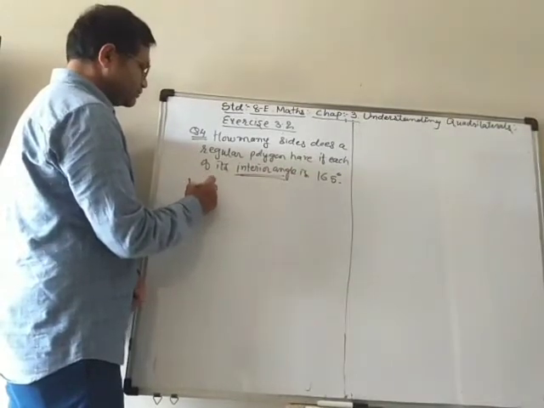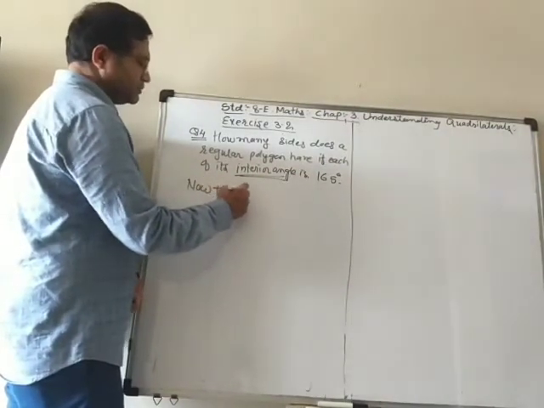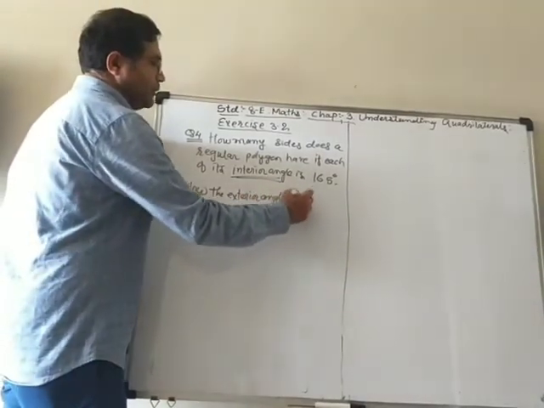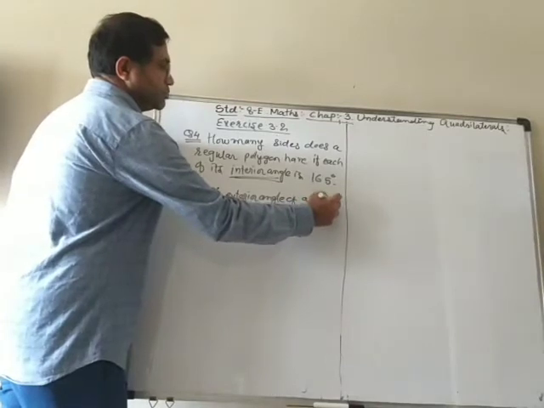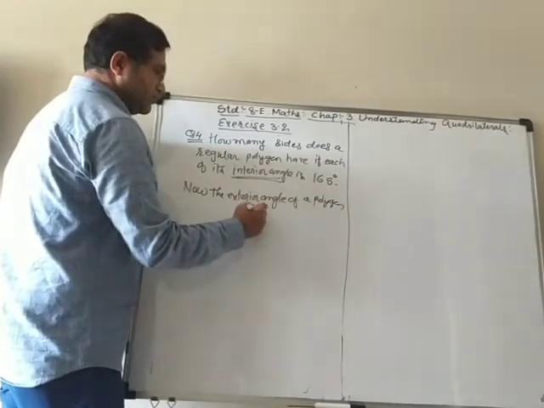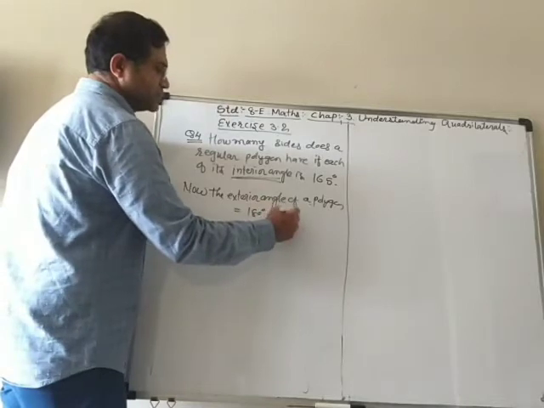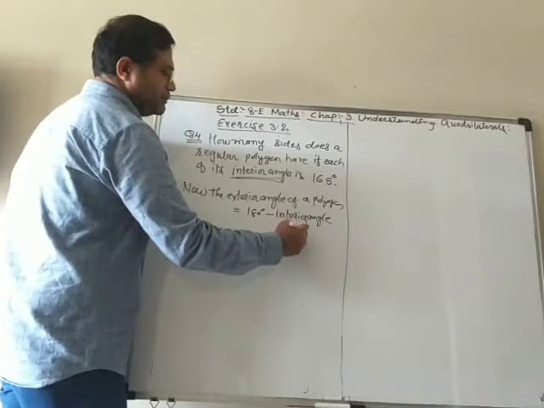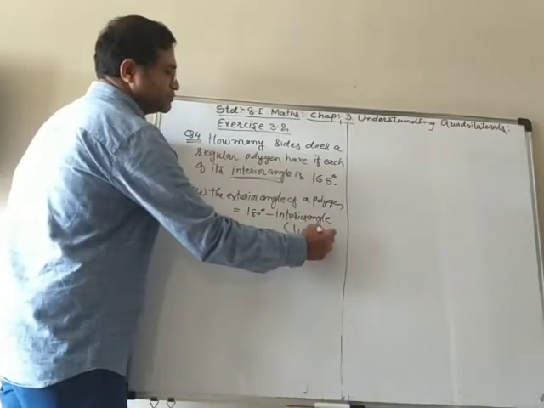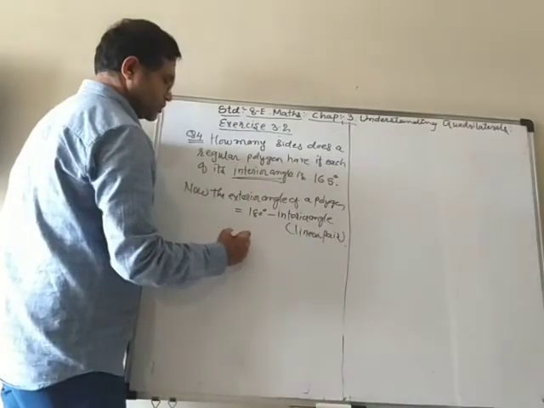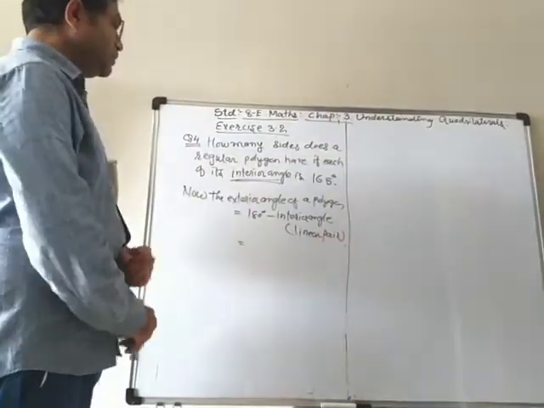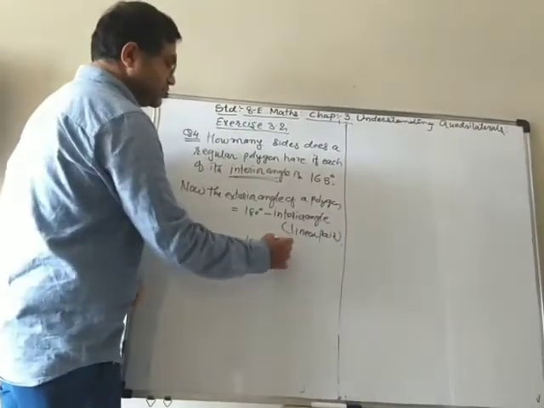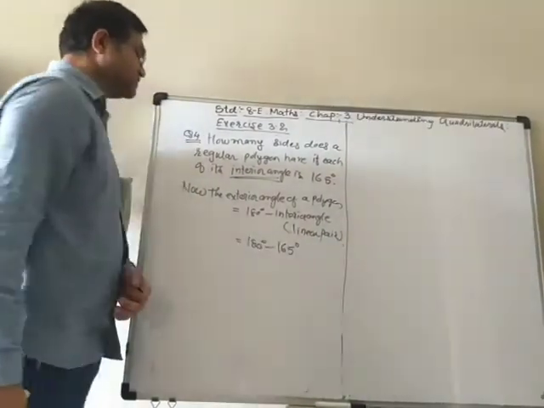So now the exterior angle of a polygon is equal to 180 degree minus interior angle, as they are making a linear pair. So now 180 degree minus the interior angle, which is given as 165 degree.